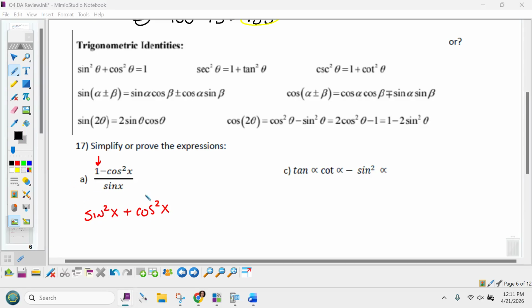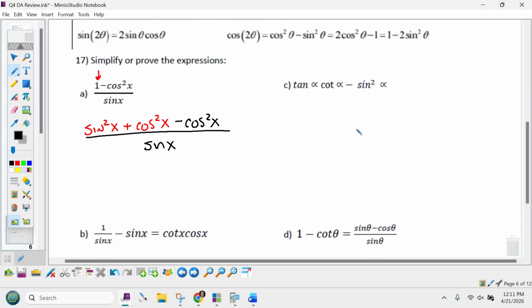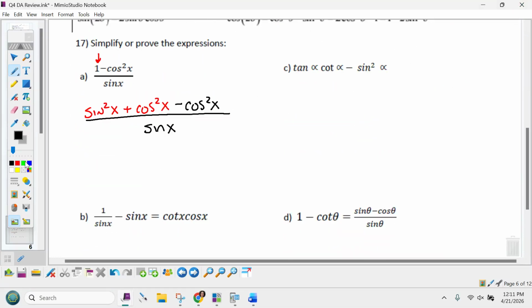And then bring the rest of your equation down. In the numerator now, cosine squared minus cosine squared adds to 0. And we are left with sine squared x divided by sine x.